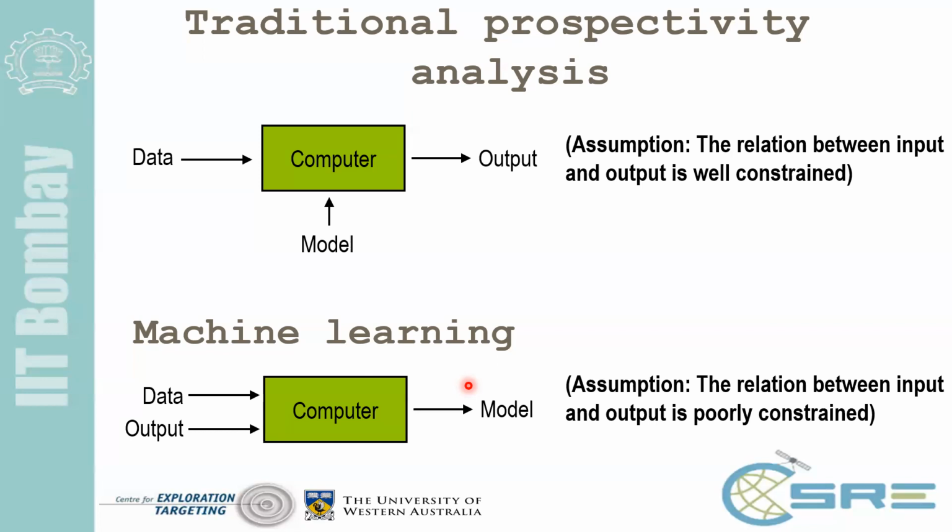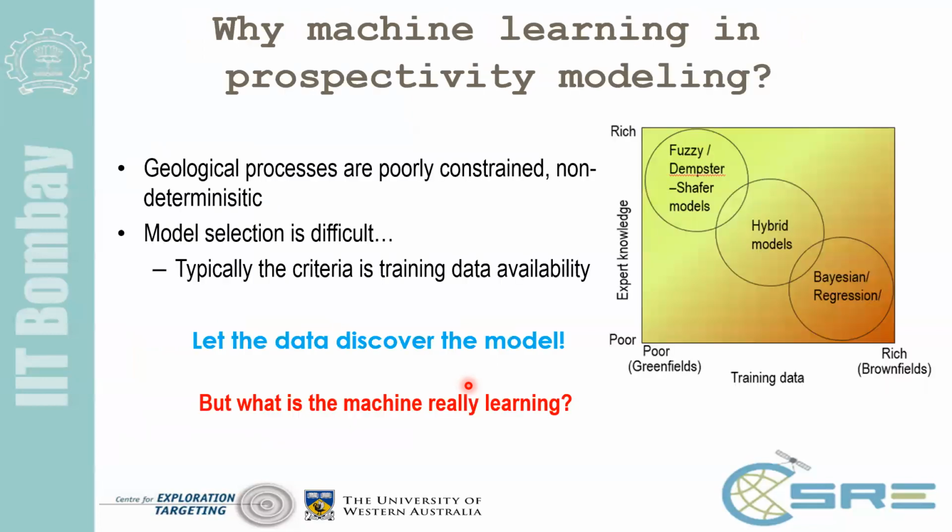And that's why machine learning is becoming very popular in prospectivity modeling. So geological processes are poorly constrained. They are difficult. We normally don't have the data sets at regional scale through which we can see those processes happening, or whether they happened or not. It's difficult to predict.